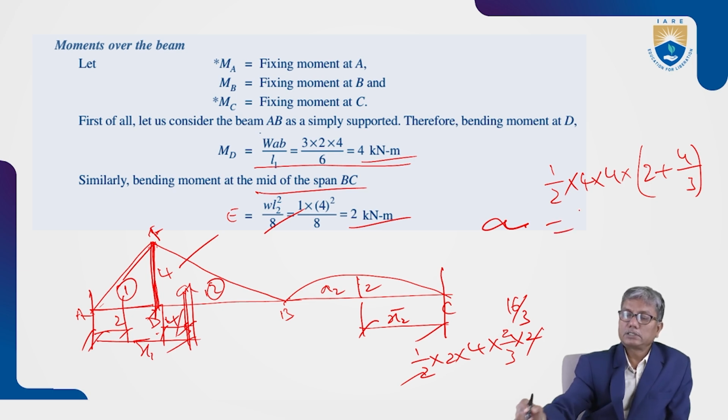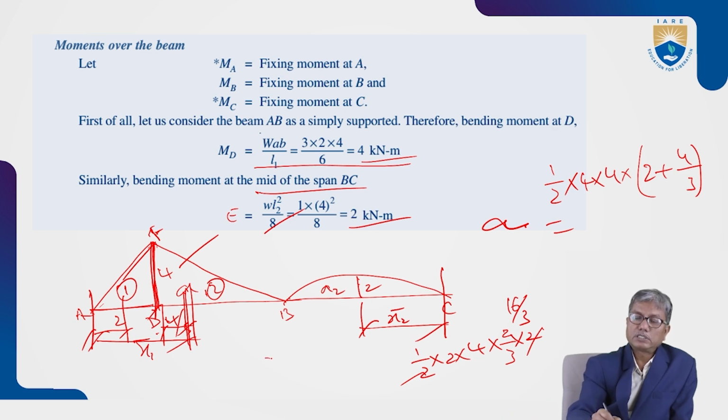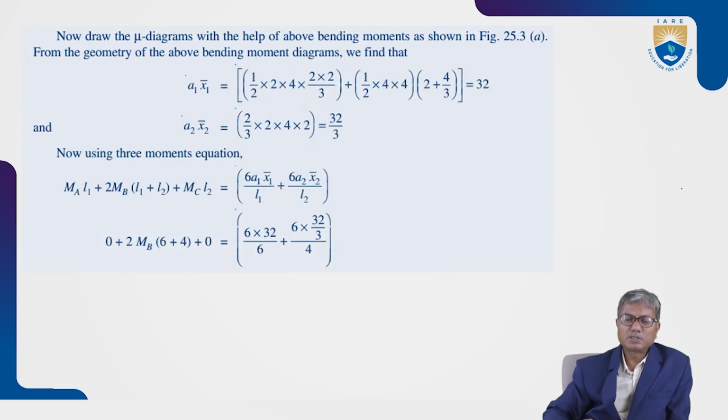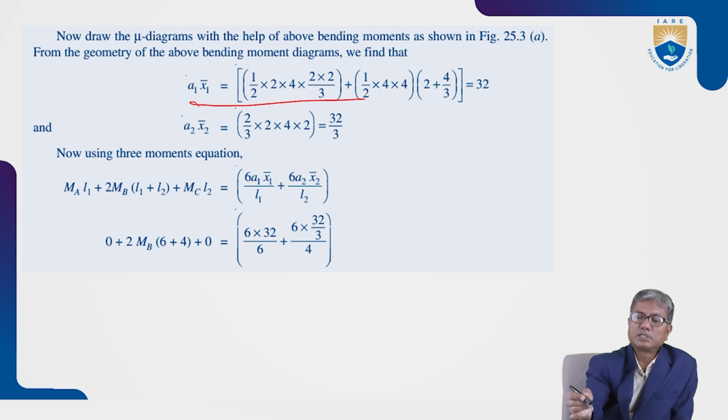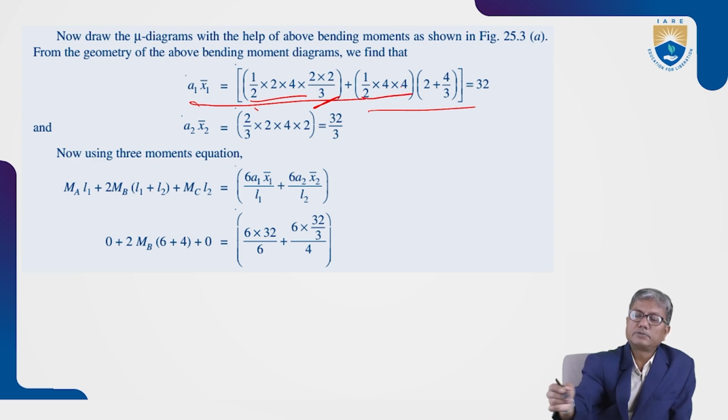So we get the moment of part 2. A1 x1 bar equals this plus this: the area of the first part with centroidal distance 2/3 of 2, plus the area of the second part with centroidal distance 2 plus 4 by 3. So we are getting 32.